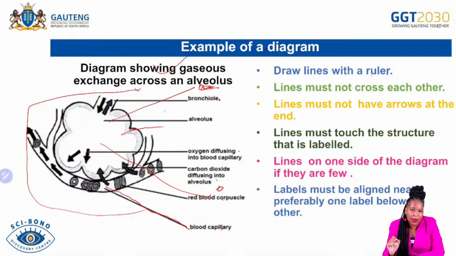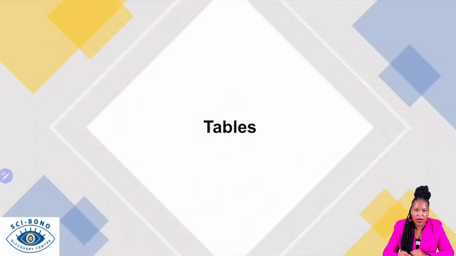But if there are many, you can have them just a little bit to the right, but please fight for them to be on one side because we don't want a spider diagram. Then the labels must be aligned neatly and preferably one label below the other. So that is how your diagram is supposed to look.